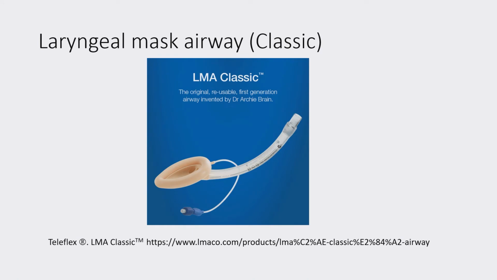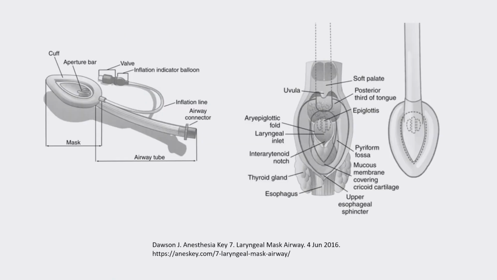And then we come to the laryngeal mask airway. This picture shows the classic laryngeal mask airway, and this is the equipment initially invented by Dr. Archie Brain. This is the anatomy of the laryngeal mask airway. This is the mask with an inflatable cuff and an aperture bar, and these are connected to an airway tube. This is the airway connector, and this is the inflation line with the inflation balloon here.